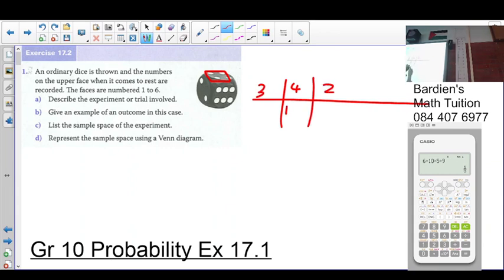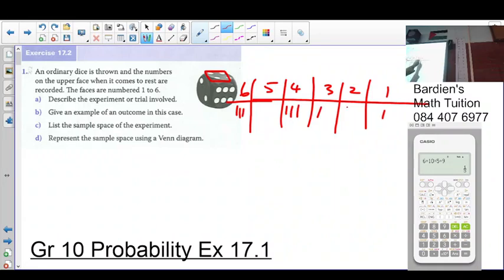Then maybe it lands on the 6, then a 4, a 1, a 4, a 6, a 3, a 2, a 4, a 4 again, and so on. To describe the experiment or trial involved, we just record the outcome.